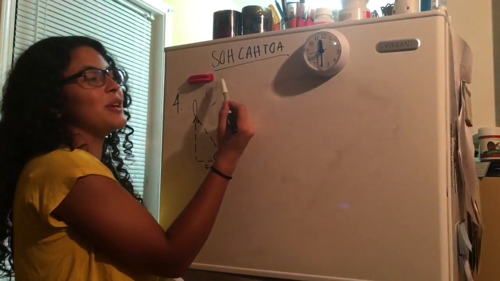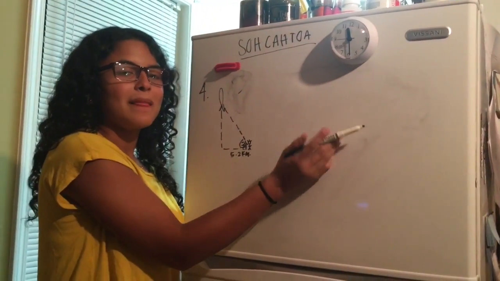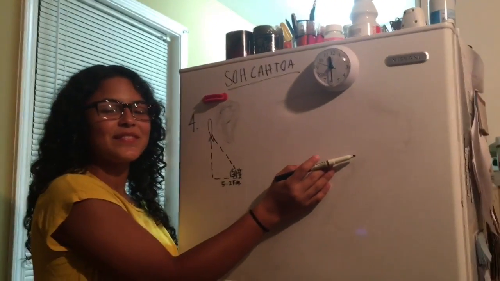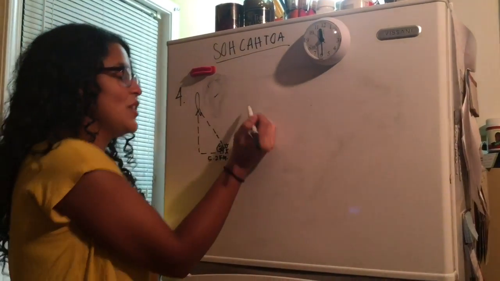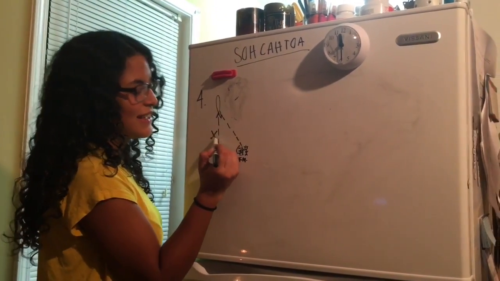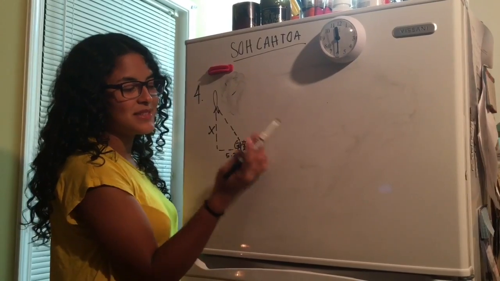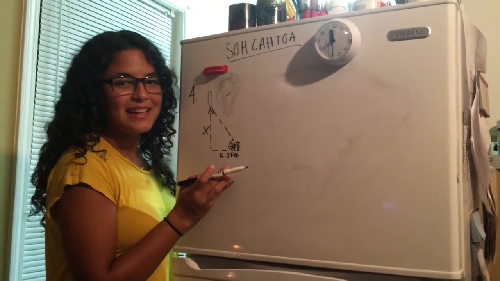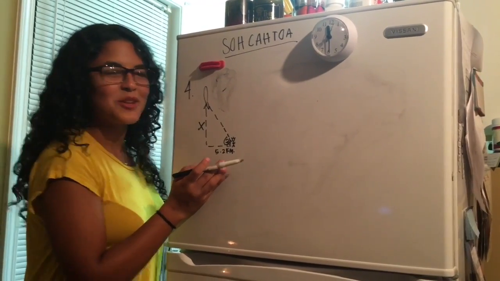Which one of the ratios would we use? That's a good question. I'm asking you. I would really prefer for you to answer that for me. Okay. So we're trying to figure out how high the missile is. X. Do you see it now? I see it now. TOA. Oh, it is TOA.